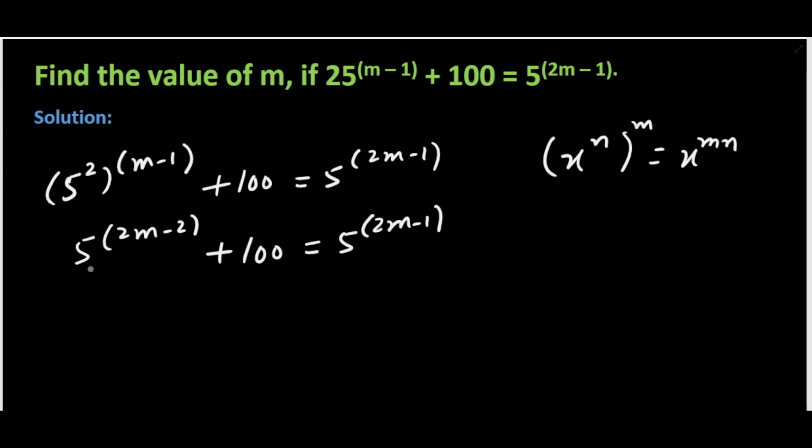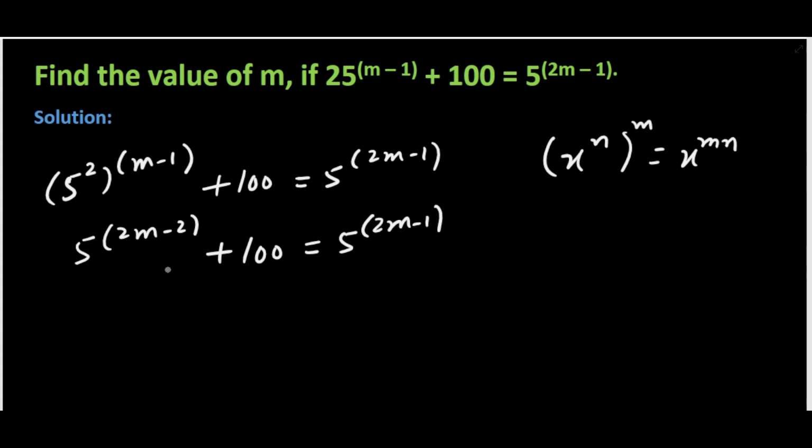What we do now, we move 5 power 2m minus 1 from the left hand side to the right hand side, then it will become negative. As you know, when we move from one side to another side, we change the sign.